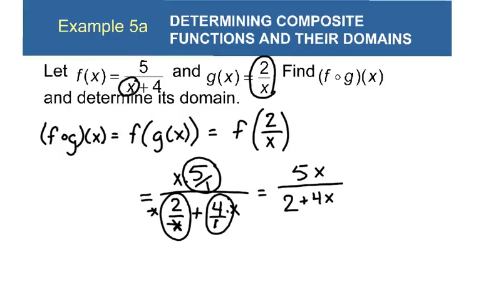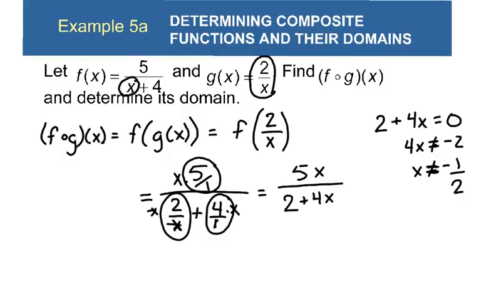Now, for this, what we're going to do is find the domain. And remember, for the domain of rational functions, you cannot have 0 in that denominator. All right? So let's find where this denominator is equal to 0. So where is 2 plus 4x equal to 0? Solve that. You get -1/2. So this is excluded from our domain.